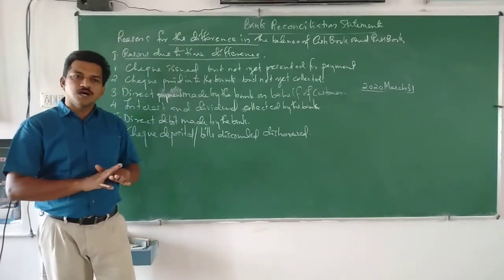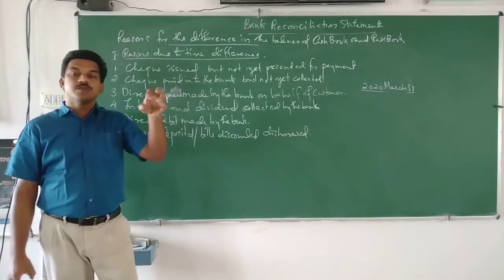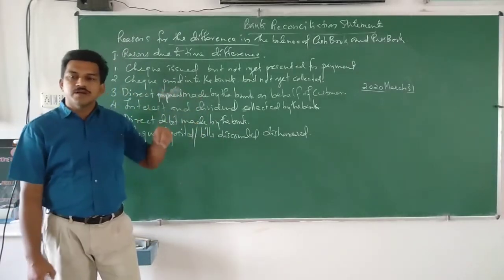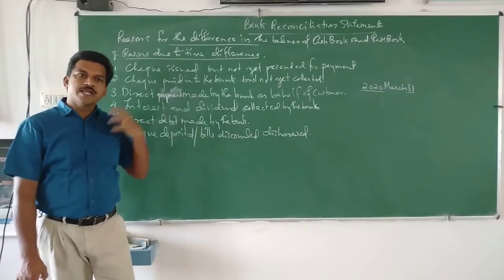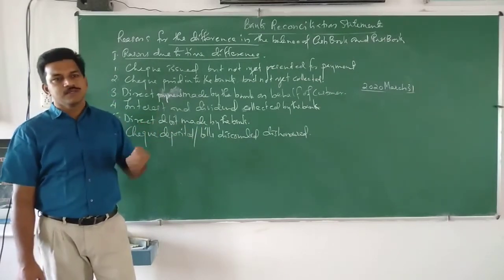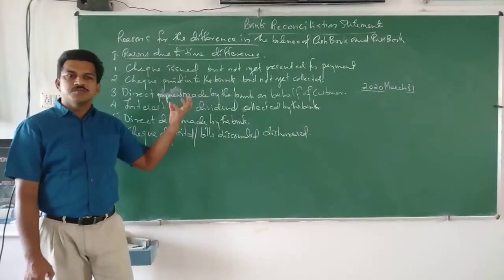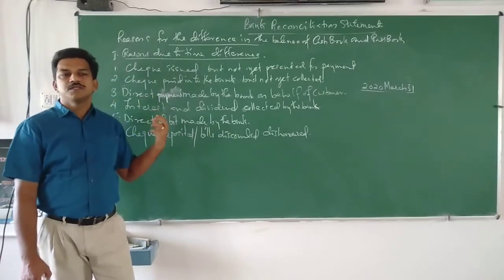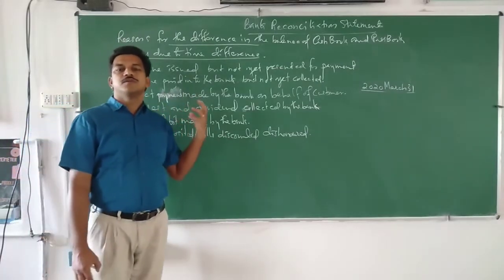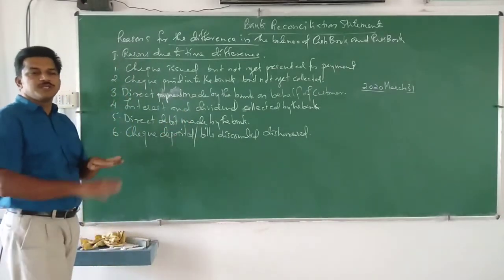So the bank will collect back the money which was given to us. Then we will decrease the money. In the bank passbook, the bank decreases the money, and in the cash book, we did not know that, so we did not decrease the money. So there will be a difference.